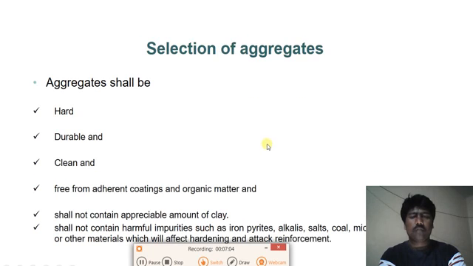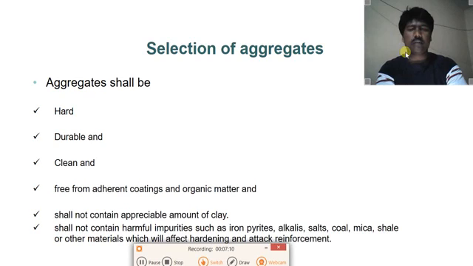Now, how can you select these aggregates? The selection of aggregates depends on so many parameters. What are the parameters that you need to consider while selecting an aggregate type? The aggregate shall be hard, meaning you need to make sure that the aggregates you are using should be hard, and also durable.